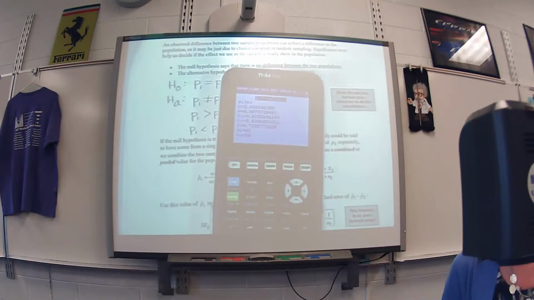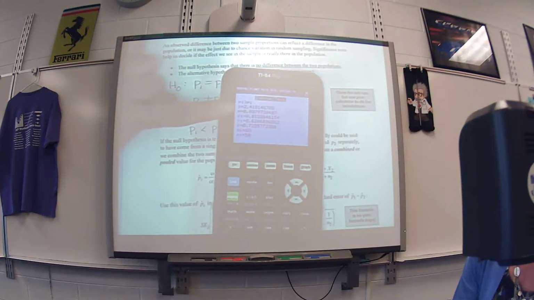All right, and you'll notice it would come in with a Z-score of 2.41. So think about if you drew the picture and you would be doing what's the probability that Z is greater than 2.41, and the p-value, the answer is 0.008.